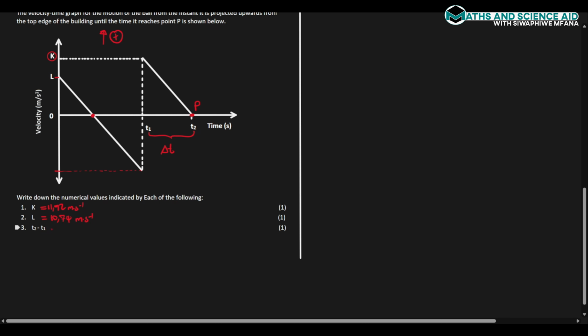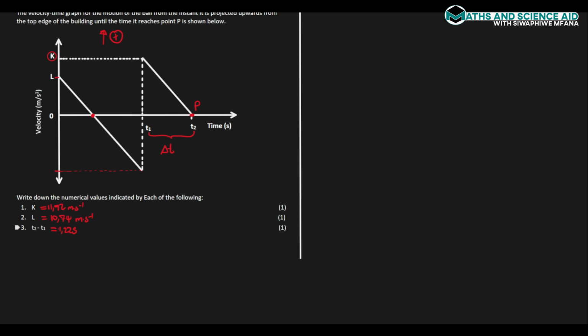So T2 minus T1 is simply equal to 1,22 seconds.